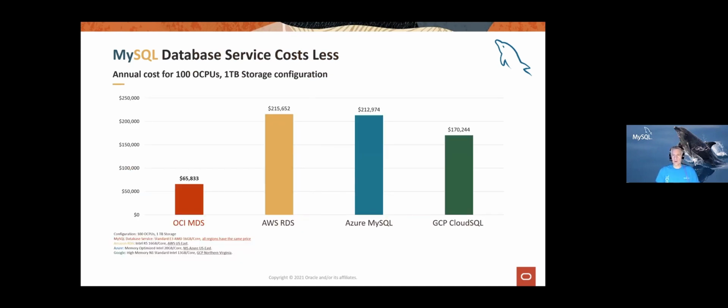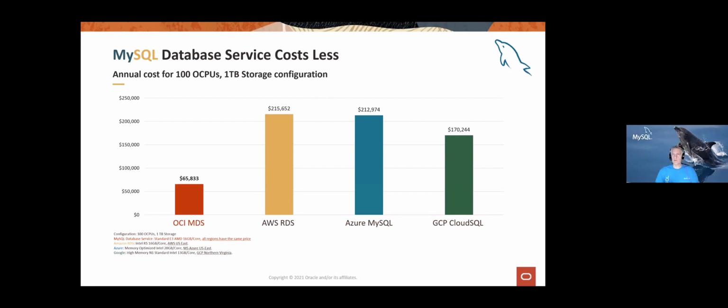Okay, so going to the costs. This is as much of an apples to apples comparison as we could do. We went to the other clouds and to Oracle Cloud, just the regular published price list. We plugged in the numbers, 100 OCPUs. In Oracle Cloud, an OCPU means one core, which has two execution threads, so that's like two vCPUs in Amazon.